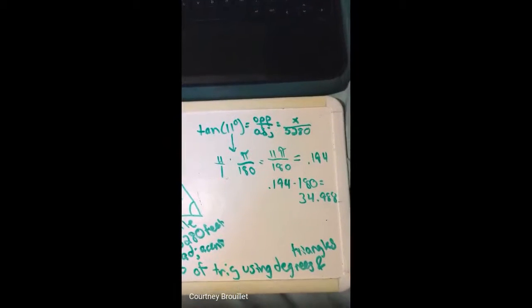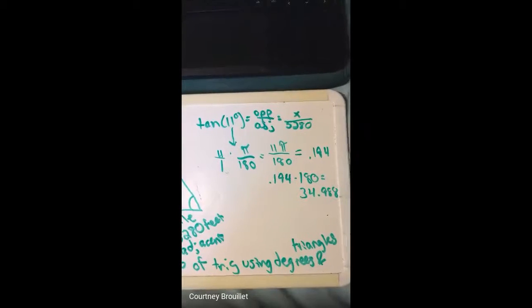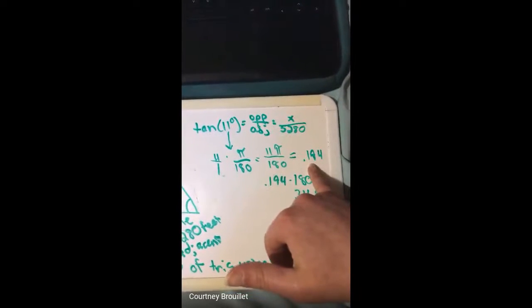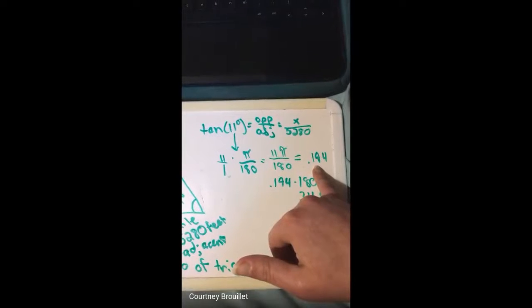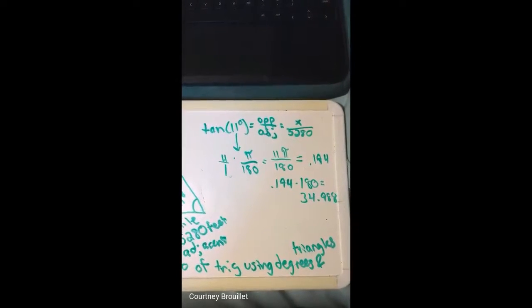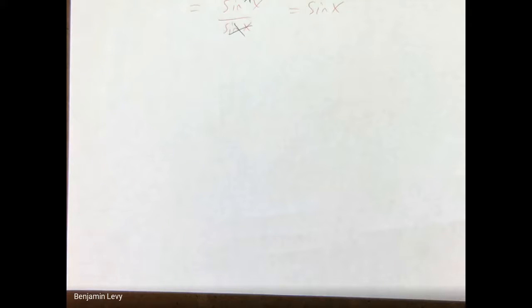So I tried switching it to pi, like radians, but then it gave 1.194, and then that wasn't a fraction, so I didn't know how to. So that's probably right. So it'd be like 0.194 radians. And so you would just do tangent of 0.194 if you think your calculator only does radians.